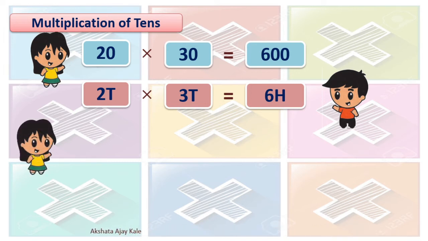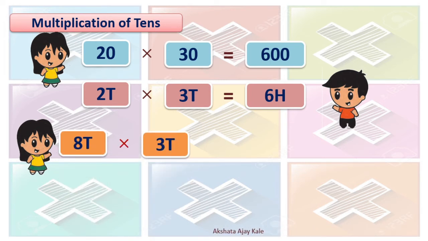See this? Again, Sonu's turn. 8t multiplied by 3t. Yes, come on. Tell me what is the answer? Yes, Sonu. What is the answer? 8 threes are... Yes, very good. 24h.